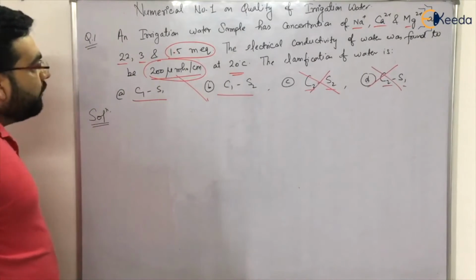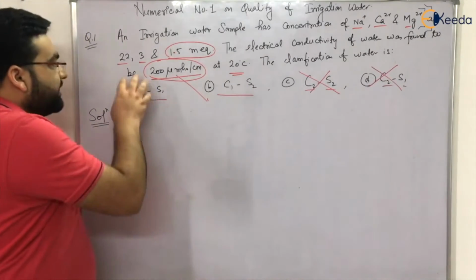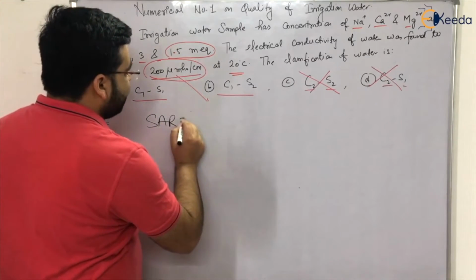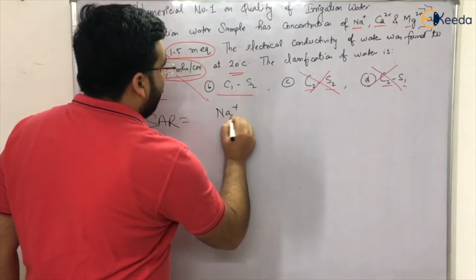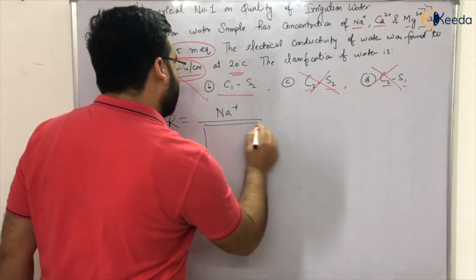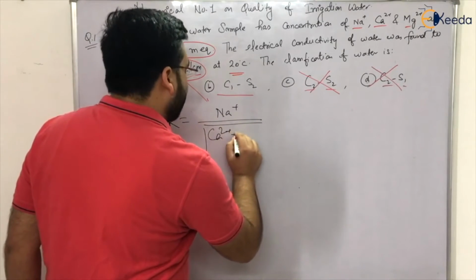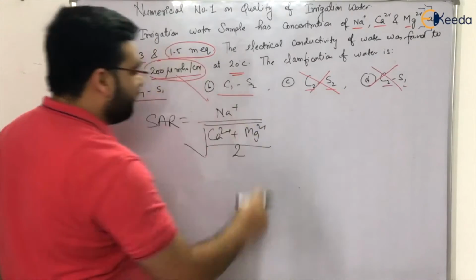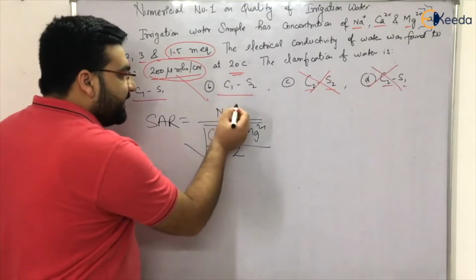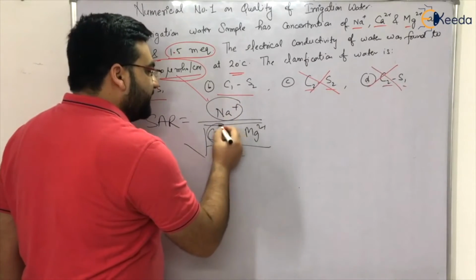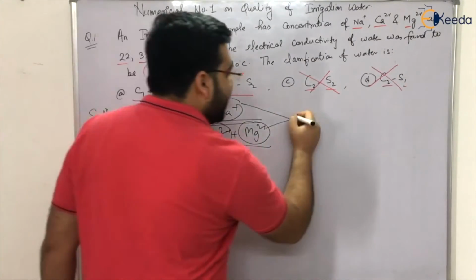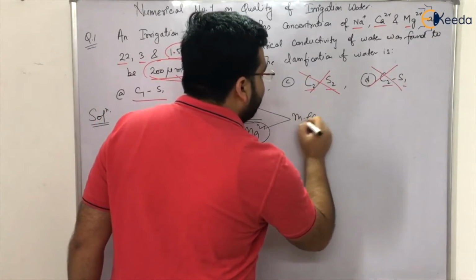SAR is given by Na+ divided by the square root of (Ca2+ plus Mg2+) divided by 2, if you remember. The concentrations of Na+, Ca2+, Mg2+ are actually in milli-equivalents, right?